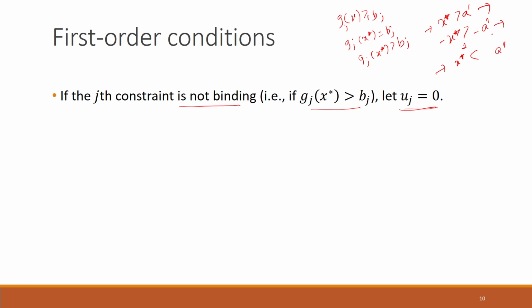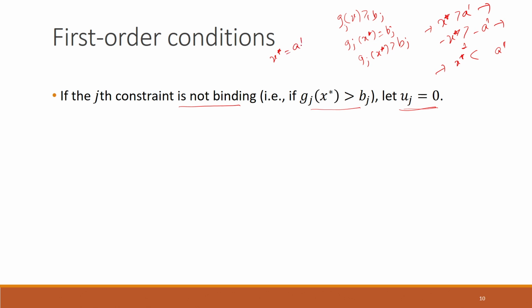So in this case, when both of these constraints are not binding, that is the optimal solution is in the interior, we will have u1 equal to 0 and u2 equal to 0. Then we considered the second case where x* was equal to a'.